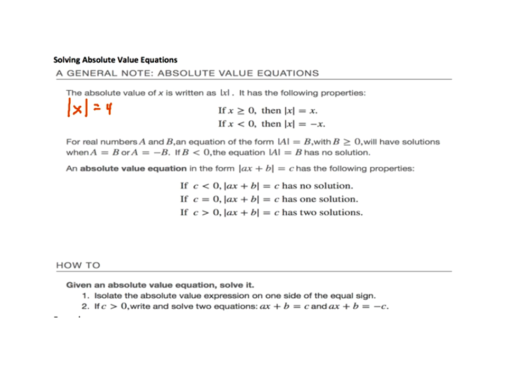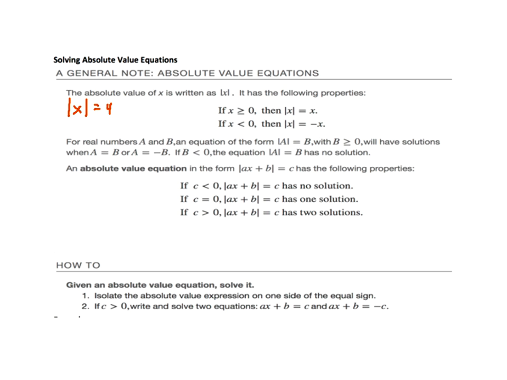if I have the absolute value of x equals 4, since absolute value is talking about a distance, a distance that a value lies from the origin on the number line.